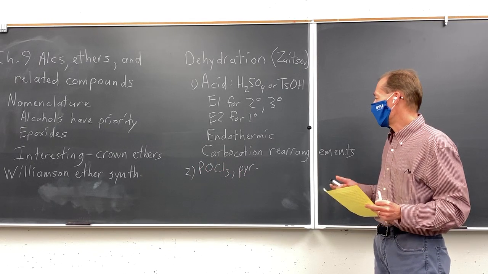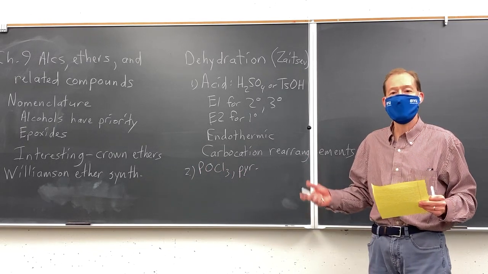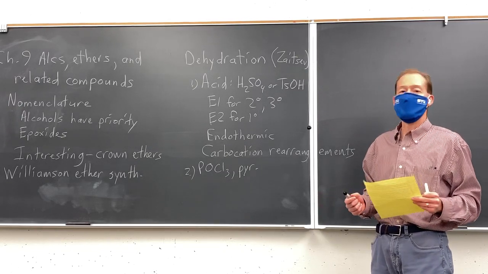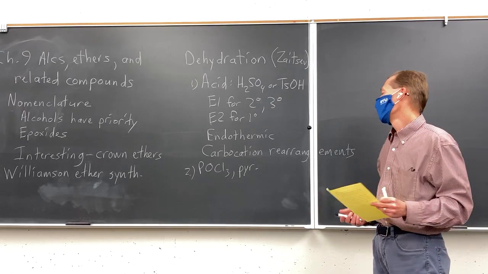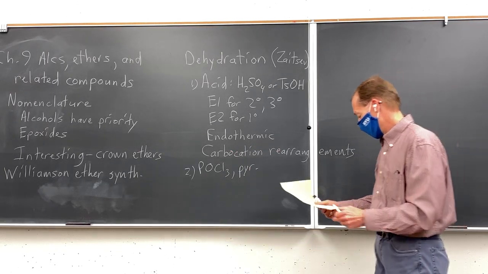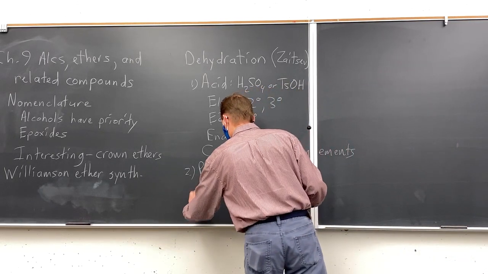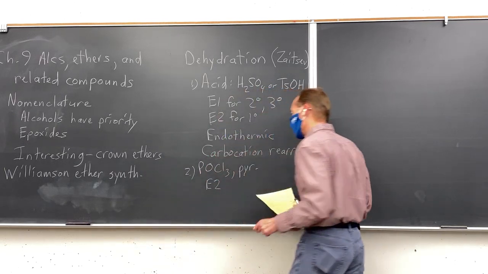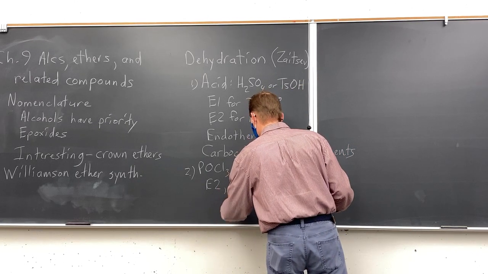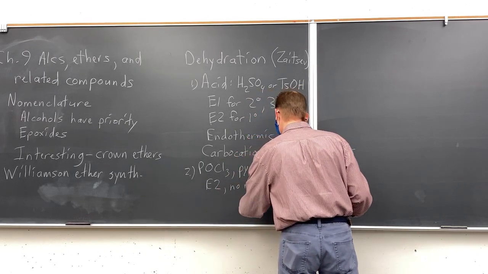And so by using phosphorus oxychloride and pyridine, we have a different method of dehydration, a different mechanism, and so there's no carbocation intermediate, and therefore no rearrangements. So the key thing here is recognizing that the phosphorus oxychloride and pyridine is an E2 reaction, and therefore there are no rearrangements.